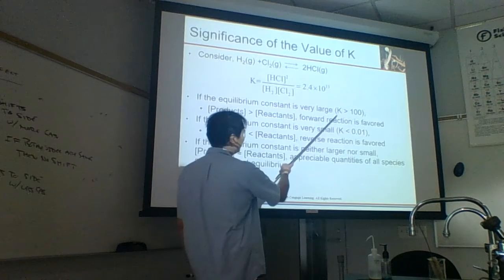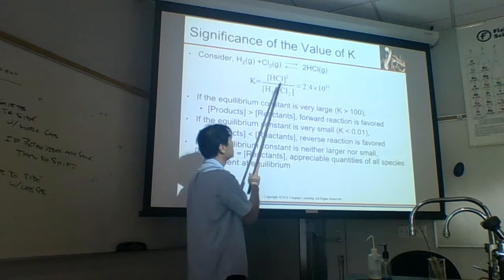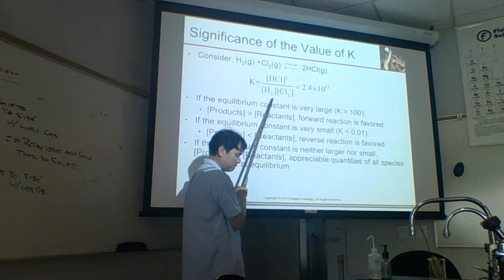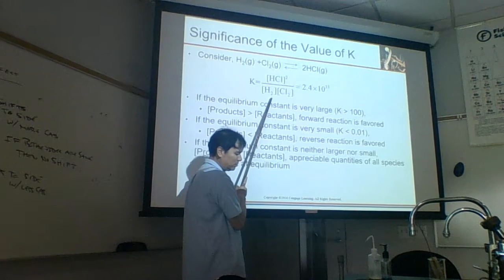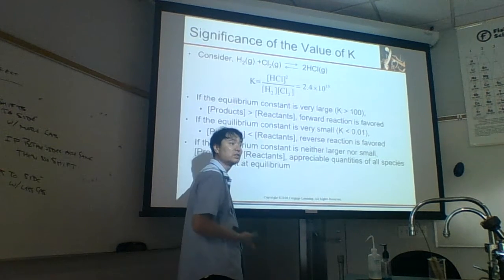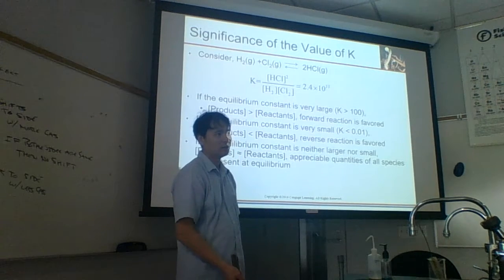If K is greater than 1, it's pretty much products. If K is less than 0.01, it's a 100 to 1 ratio. A 100 to 1 ratio in Chem 1B we use a little different. We use more like 10 billion to 1. If it's a 10 billion to 1 ratio, then we don't bother doing this type of equilibrium stuff.